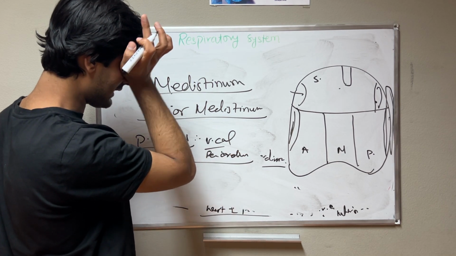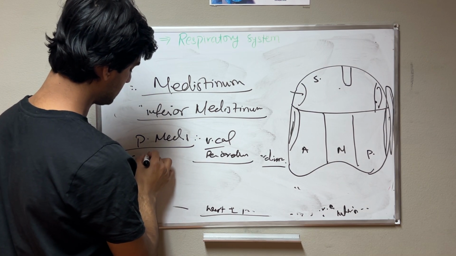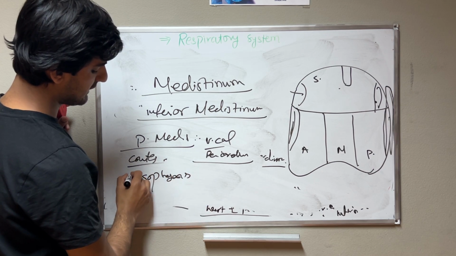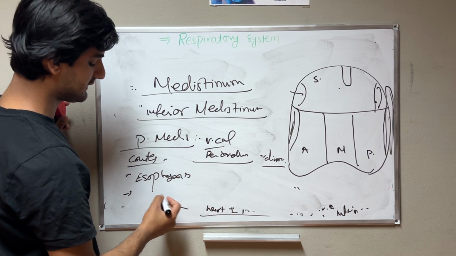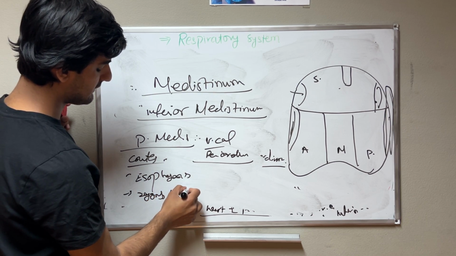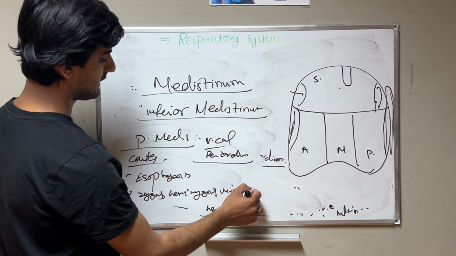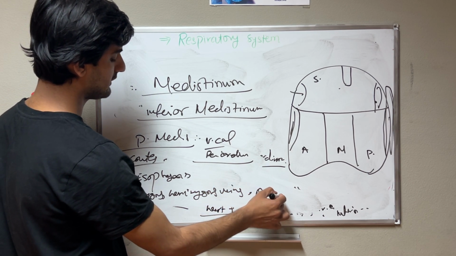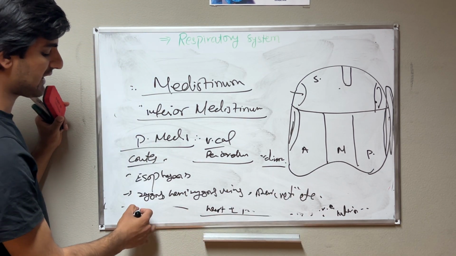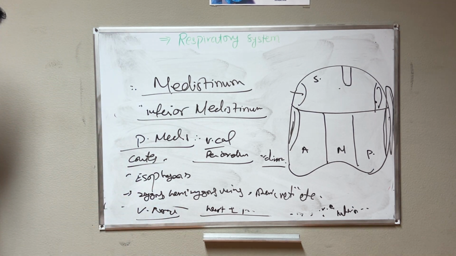What contents do we have here? We have the esophagus. We also have large blood vessels: the azygos and hemiazygos veins, and also phrenic veins, and so on. We also have the vagus nerve, and the left and right sympathetic nerves.